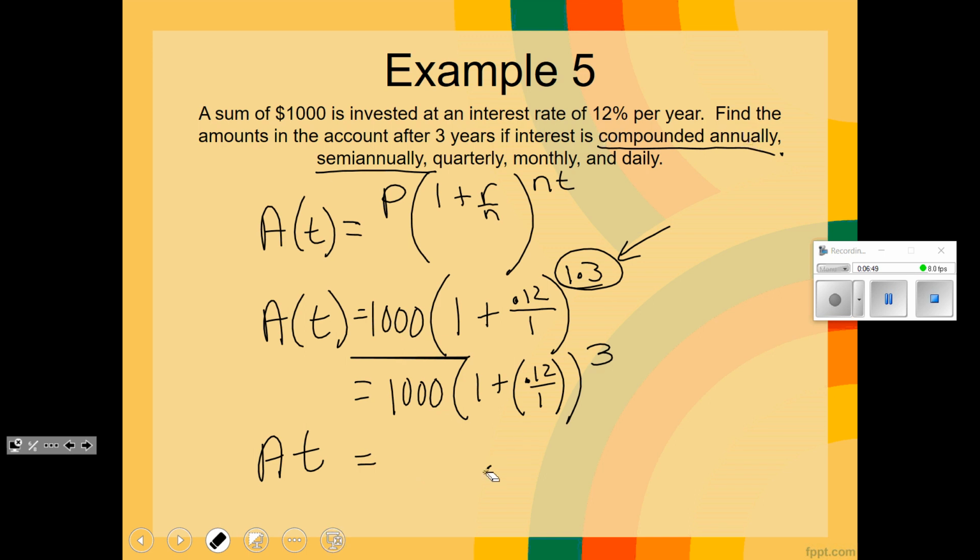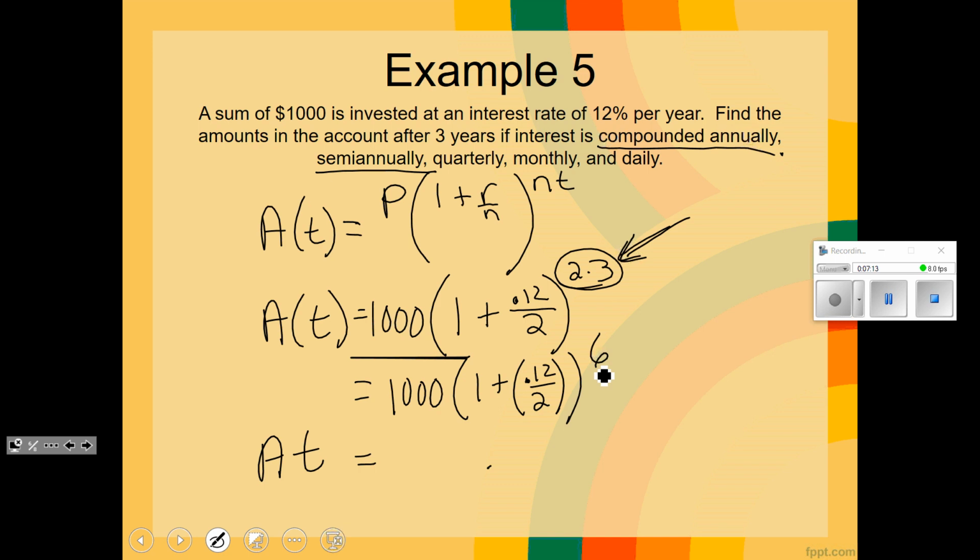If I do it semi-annually, what will it be? How many times a year? Twice a year. And so this will be 2 times 3, which I'm going to go ahead and work out and make 6.